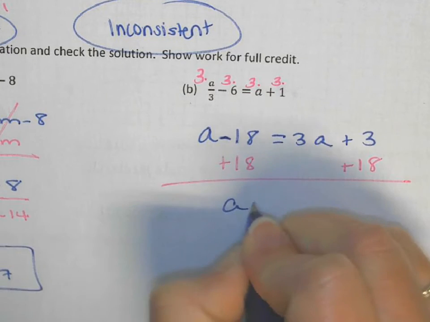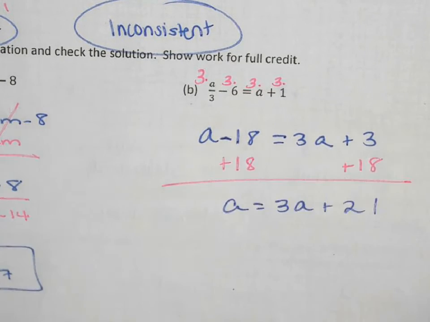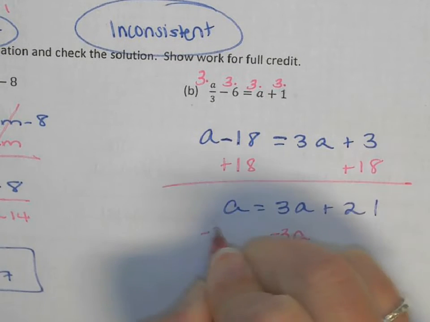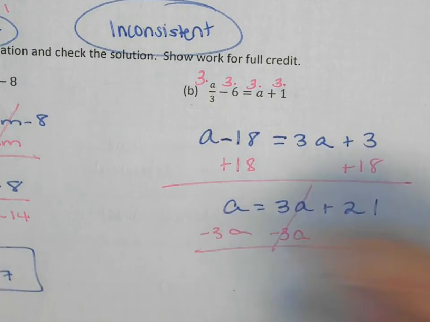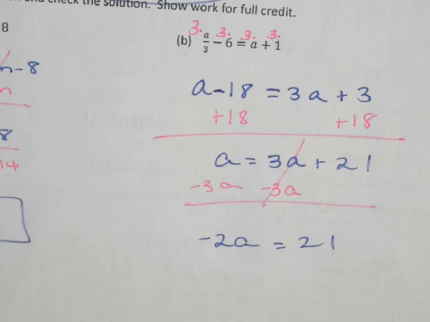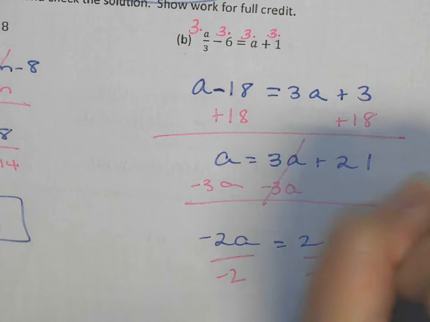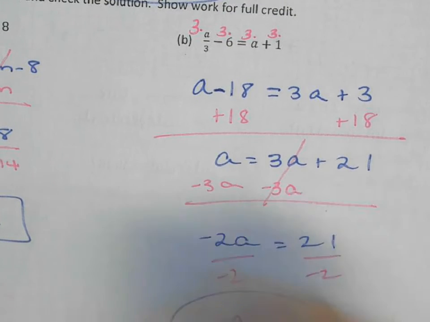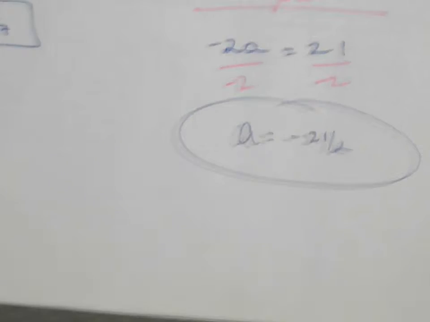So we have A equals 3A plus 21. Okay, then what? Subtract 3A. That'll go away over there. Negative 2A equals 21. Then what? Divide by negative 2. A equals negative 21 halves.